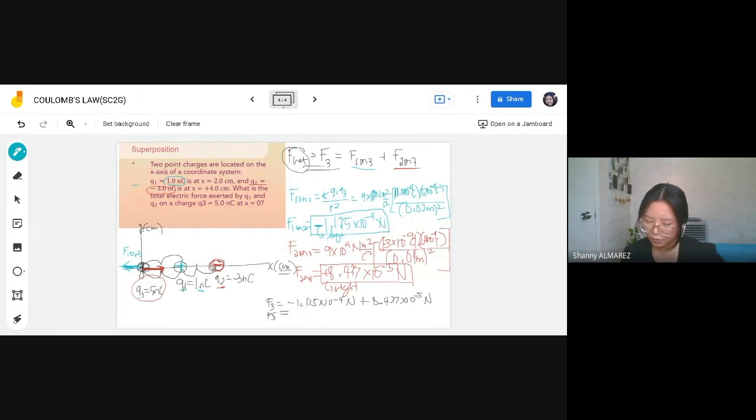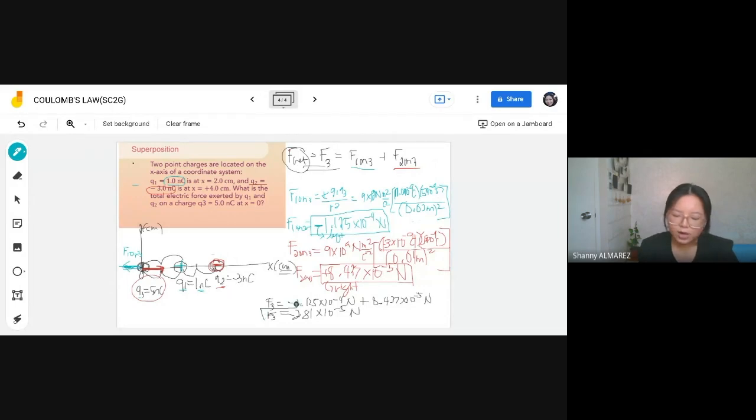Negative. So you subtract 8.437 times 10 raised to negative 5 from 1.125 times 10 raised to negative 4. You get negative 2.81 times 10 raised to negative 5 newtons. Okay? So we have the same answer, Arvin.